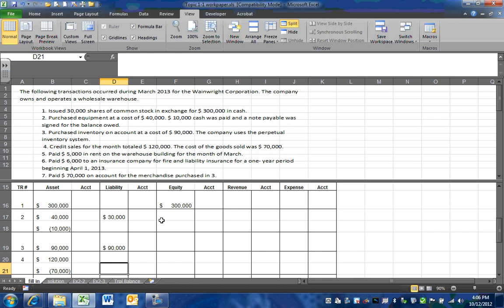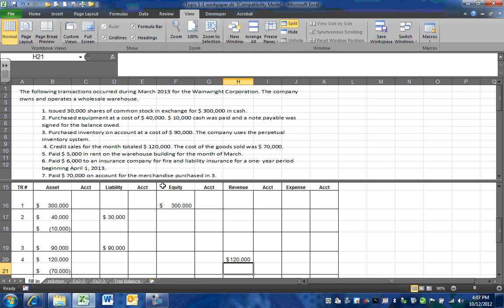Now let's see what happens on the other side. We have no liabilities here. In our equity section, we're not going to be dealing with paid-in capital. Instead, we're going to be dealing with the retained earnings side of equity. The sale of 120,000 represents revenue, sales revenue. The reduction in inventory represents the cost of the inventory that is matched to the revenue.